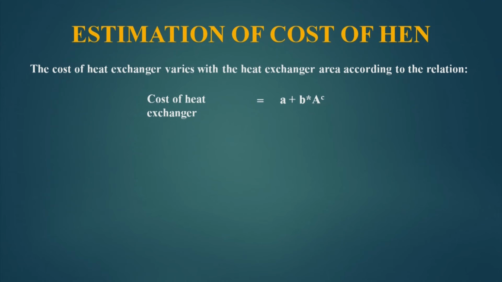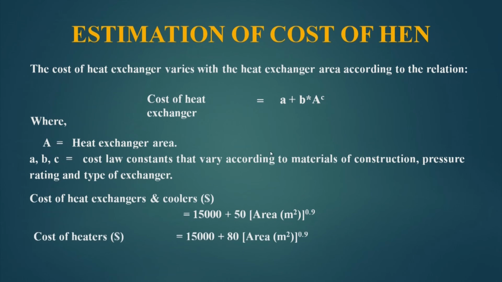The cost of the heat exchanger varies with the heat exchanger area according to the relationship given below. Here we are using A plus B area to the power C, where area is the area of the heat exchanger network. The cost of the heat exchangers and coolers are given like this.